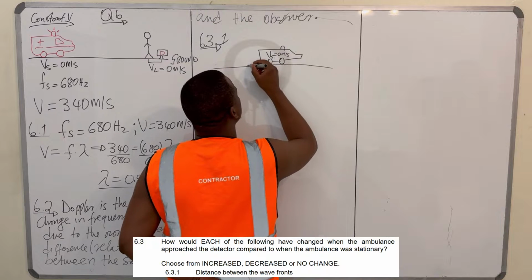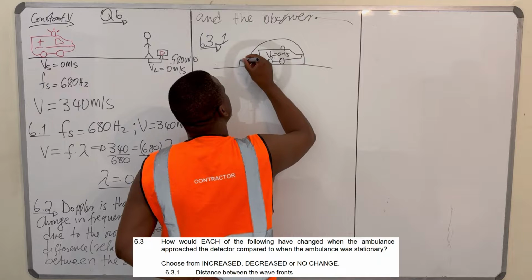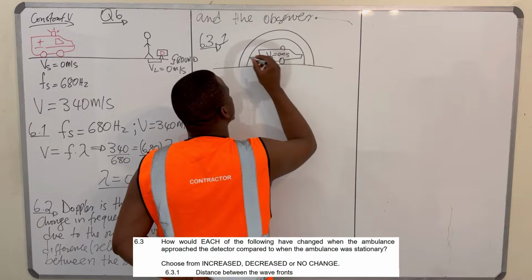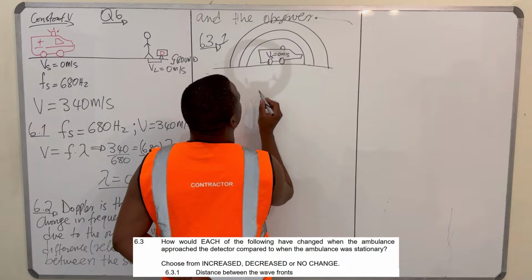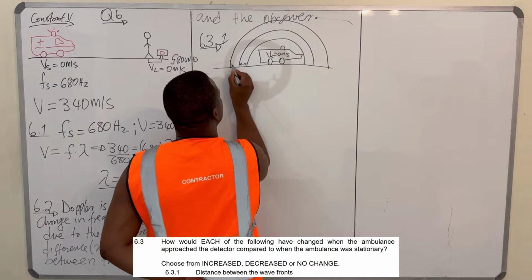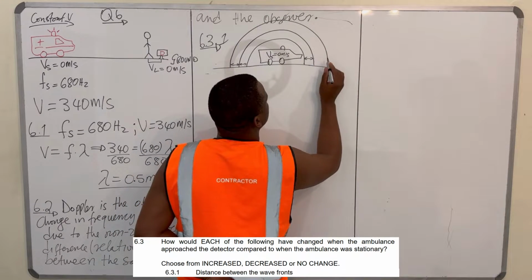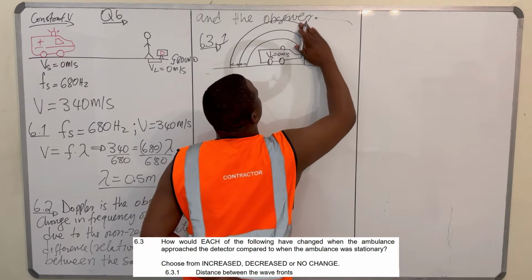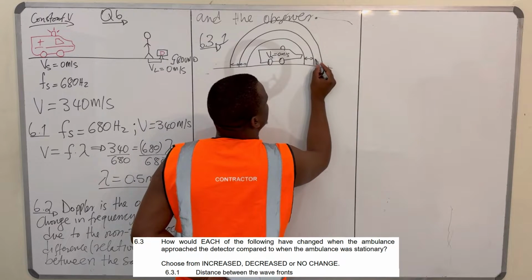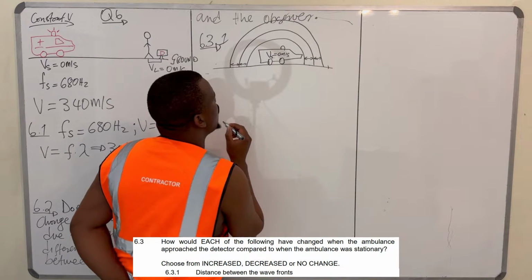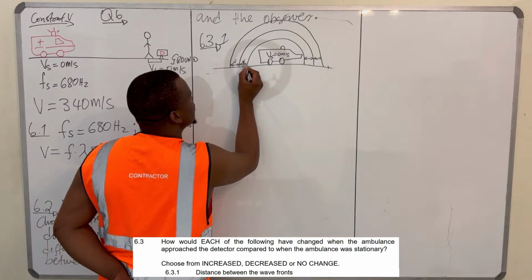When the ambulance is stationary, the wavefronts are equally spaced out. You can see? I'm trying to make these distances between the wavefronts equal. So, when the source of sound is stationary, the distance between the wavefronts is equal.